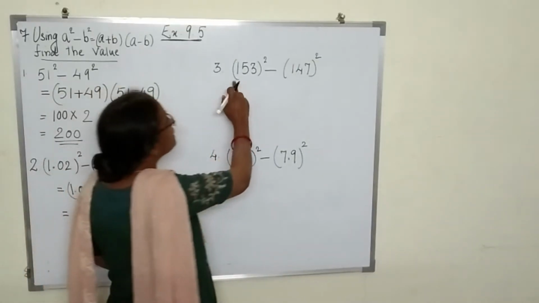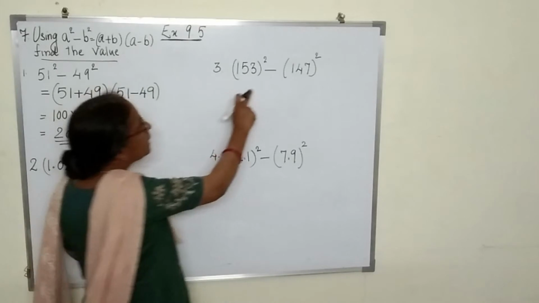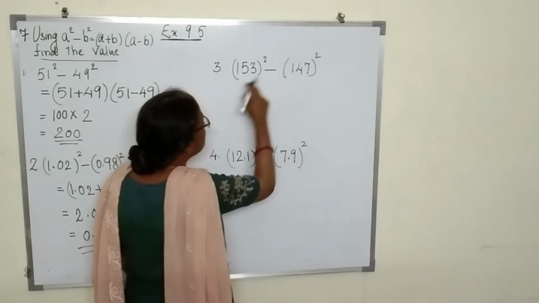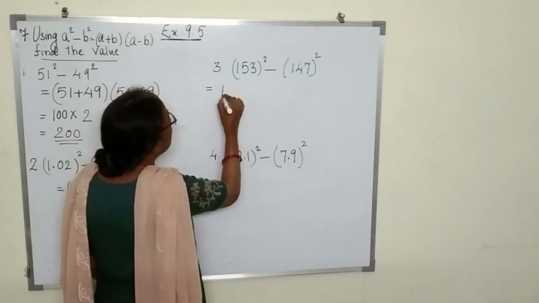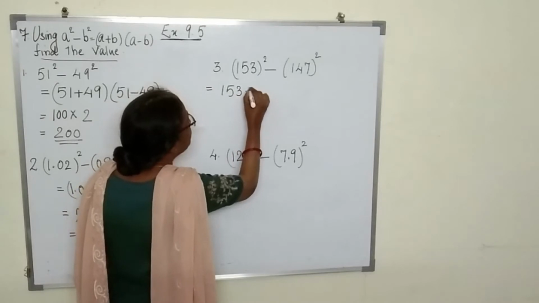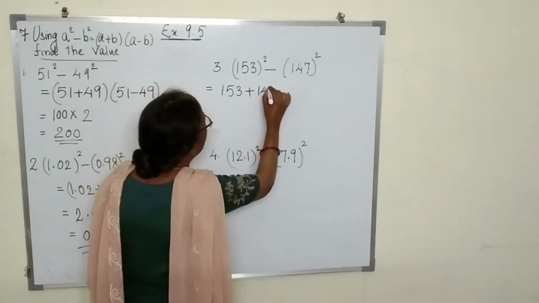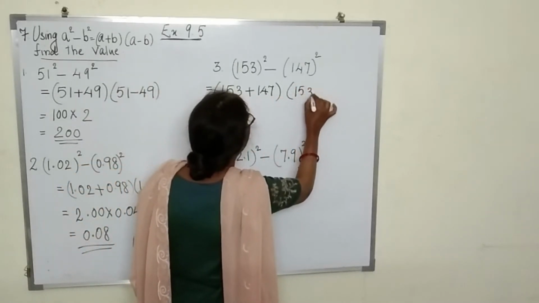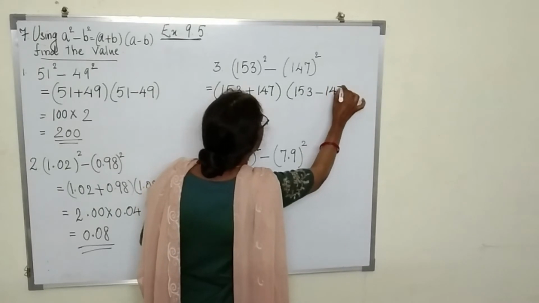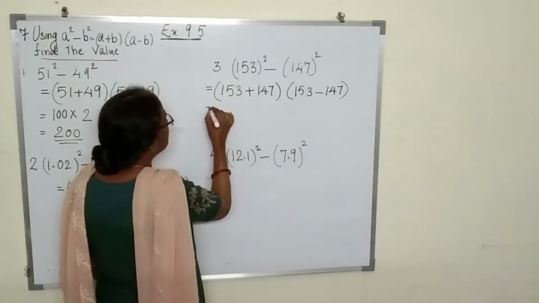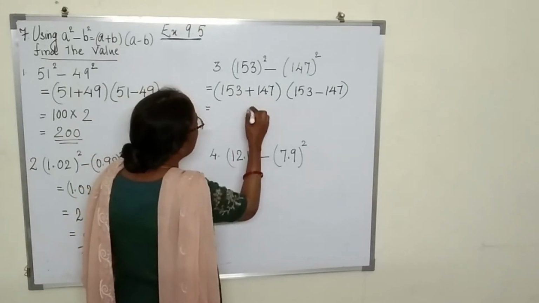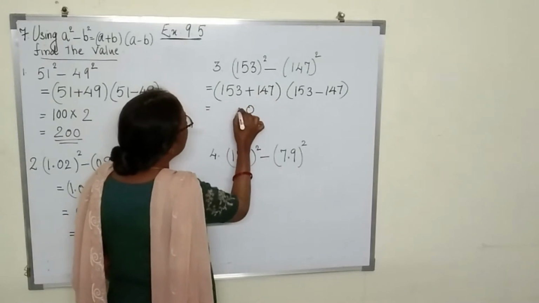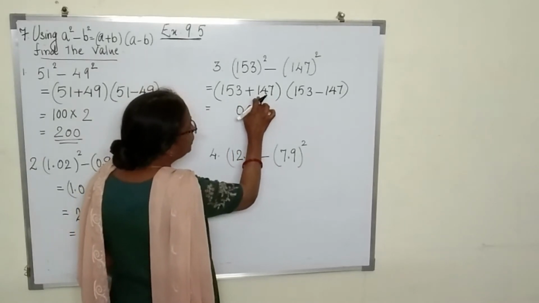The next question is 153 square minus 147 square. A square minus b square is equal to a plus b into a minus b. When you add, 7 plus 3, 10; 5, 4 plus 1, 5, 5 plus 5, 10; 1, 2, 3.